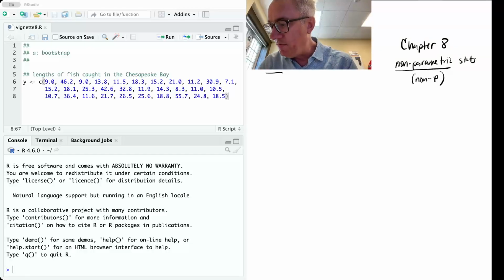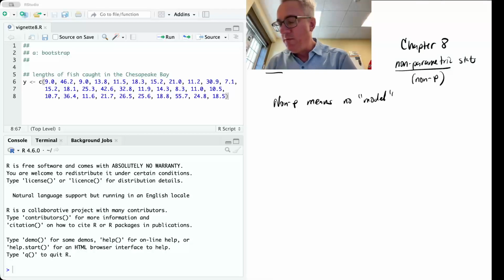So non-P means no model. You might think they would call it model-free statistics instead of nonparametric, but the reason why will be apparent in just a moment.